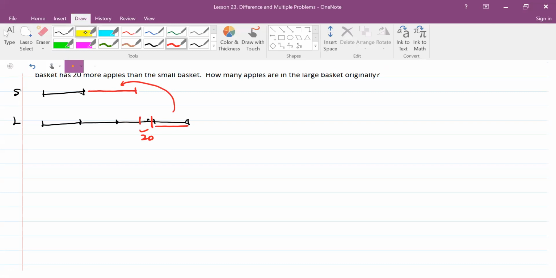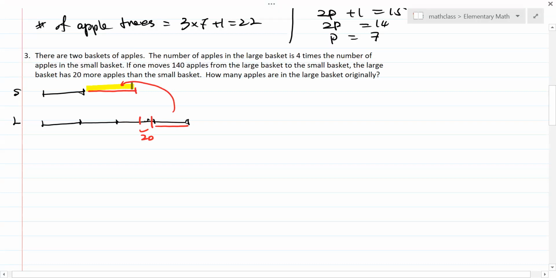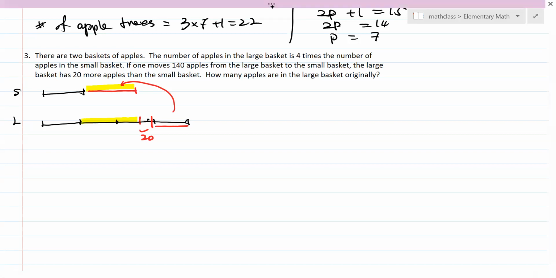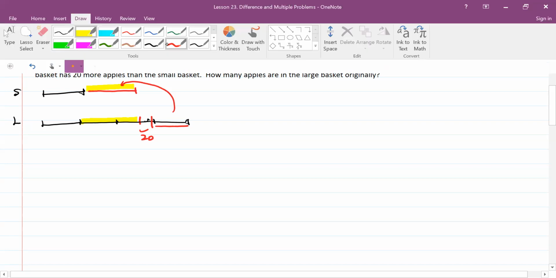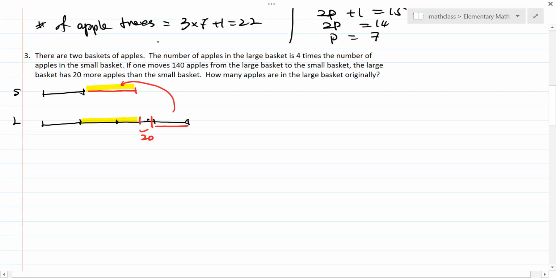Let me draw the picture here. This is a piece. We compare those two, right? So think about this problem. This whole piece is moved to here.